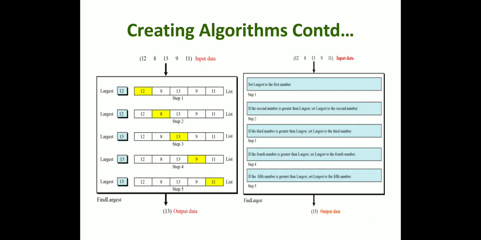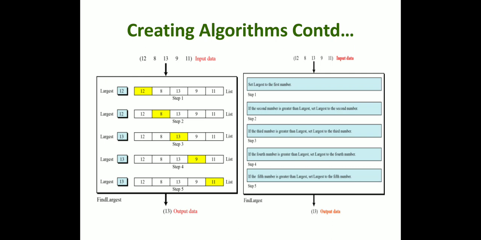You can see the tabulation here for the output data, and on the left side you can see how the algorithm propagates. On the right side, the steps are given very clearly. We have numbers 12, 8, 13, 9 and 11. We take the first number as the largest and compare it with the next number. If it is low, it continues.